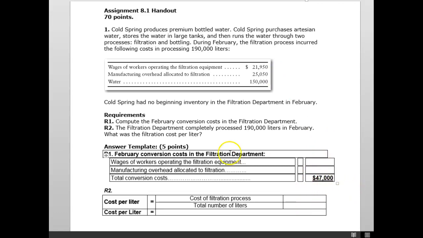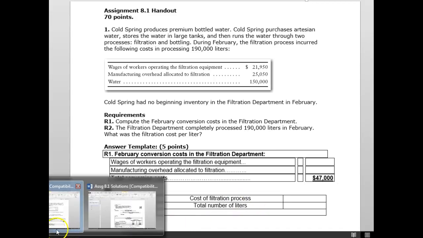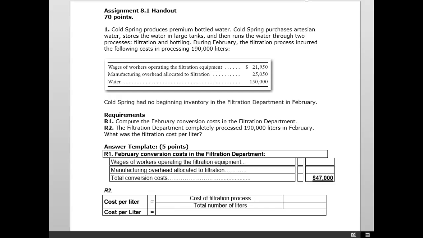Then they ask, what is the cost per liter? What is the completed process of 190 liters? What is the filtration cost per liter? So how much did this whole process cost them? We're looking at that 190,000 liters, and how much cost.